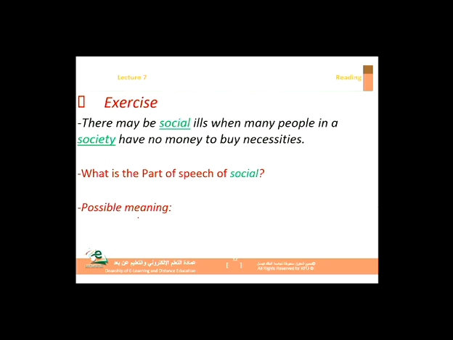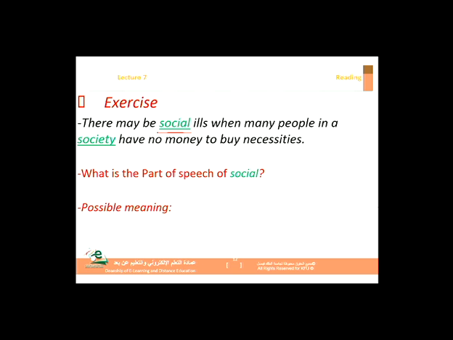Exercise number 2. There may be social ills when many people in a society have no money to buy necessities, or things that are necessary. The question is, what part of speech is the word social?